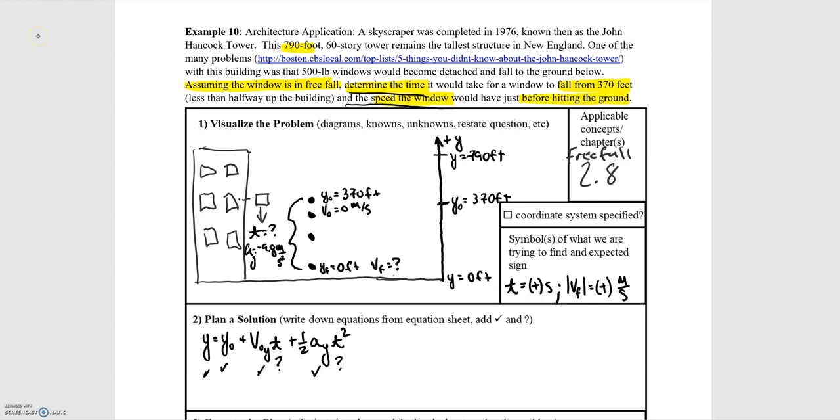So after we solve for time, we can use the kinematics equation that's velocity as a function of time to be able to solve for the final velocity and get the speed of the window. So that equation is v y, where the final velocity in the y direction is equal to the initial velocity in the y direction plus the acceleration in the y direction multiplied by time. We're solving for the final velocity.